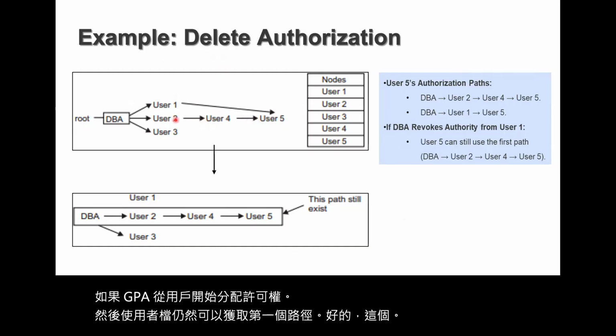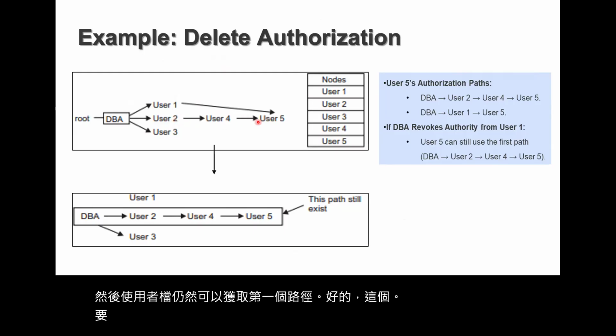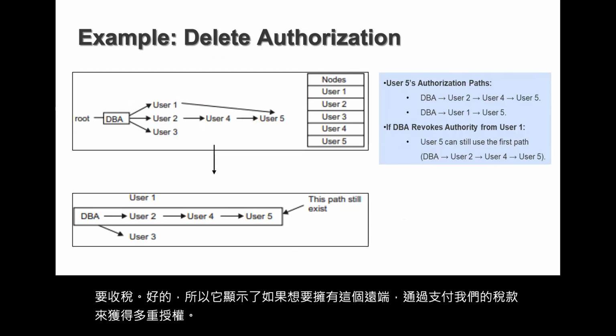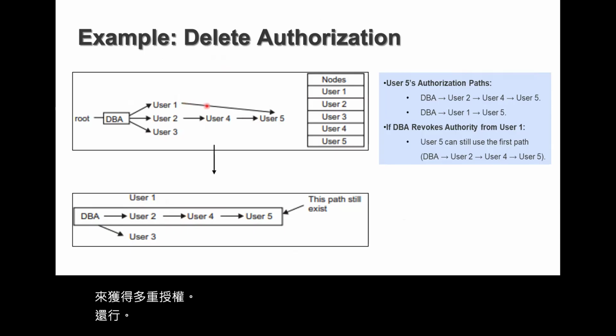So it shows how multiple authorization paths can provide backup access if one path is removed. So if it's removed, then user five still gets the access from the first path.